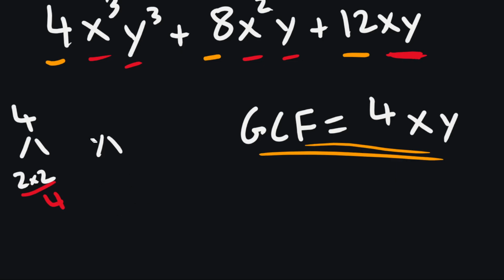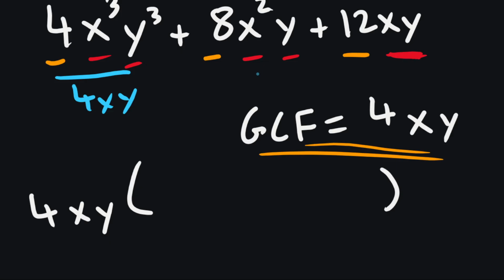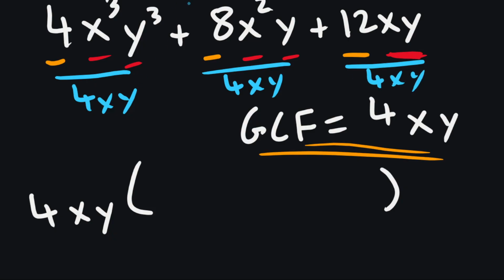Let's erase all of these. Okay, so 4xy, we will set up outside of a parentheses, and we will go ahead and divide every term by 4xy. So let's divide this by 4xy, divide this by 4xy, and this one as well by 4xy. So let's erase these.